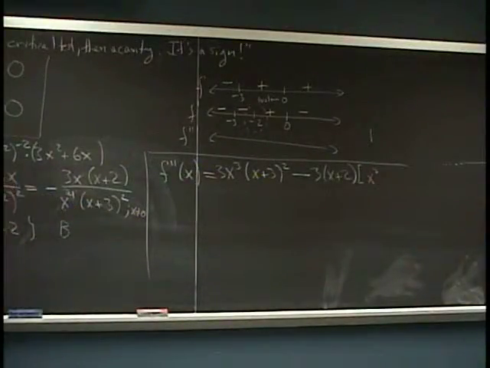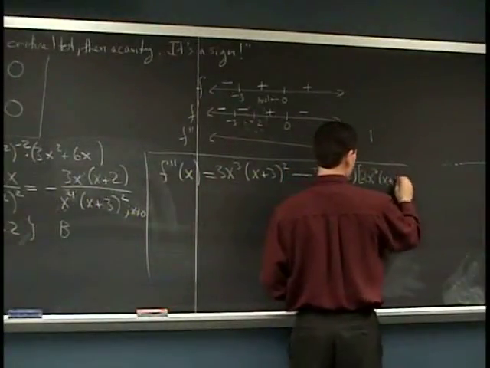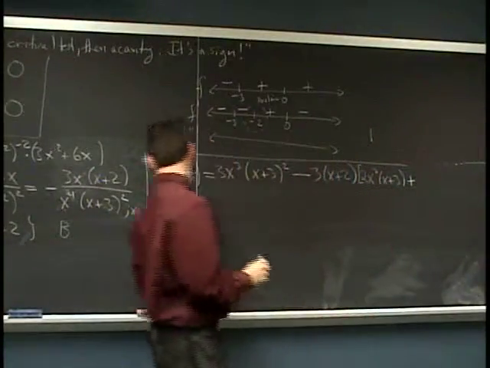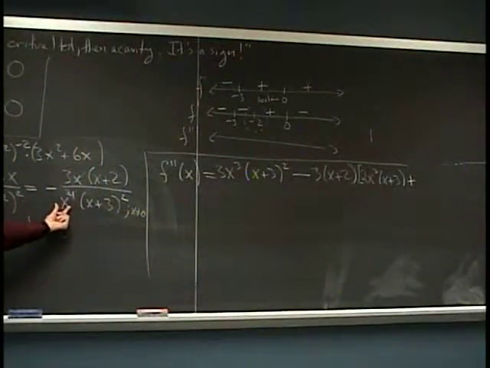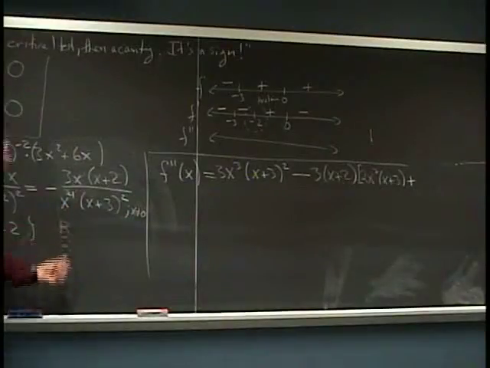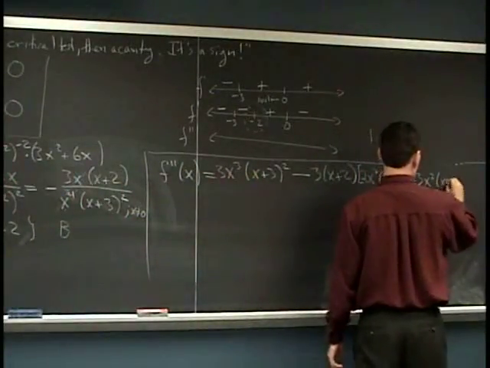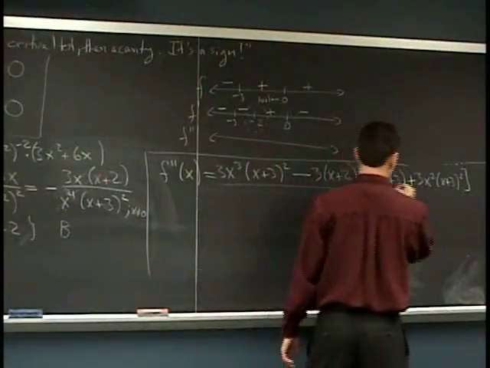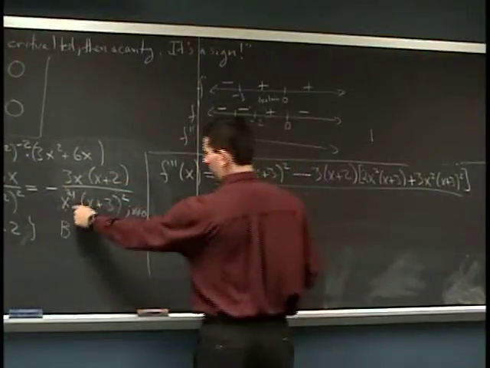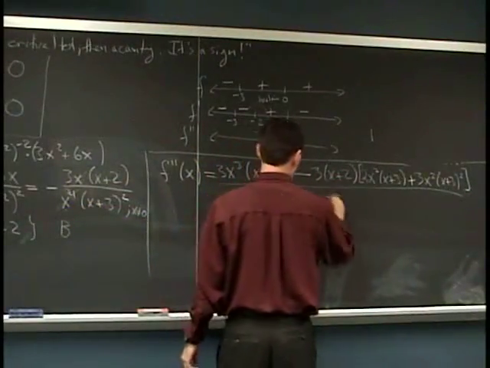So it's just 2 times x plus 3. Plus, now I hold the x plus 3 squared and take the derivative of x cubed, which is 3x squared. So 3x squared times x plus 3. And then all of this over the square of the bottom, which at least is easy: x to the 6th times x plus 3 to the 4th.